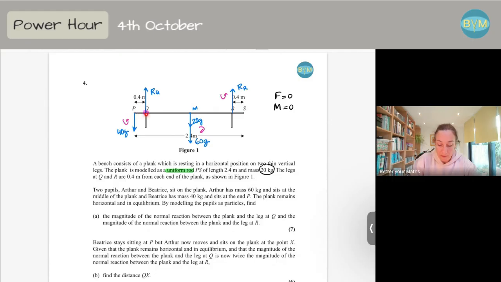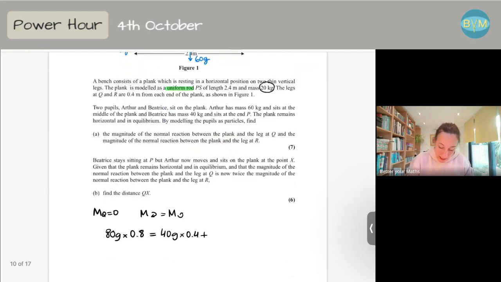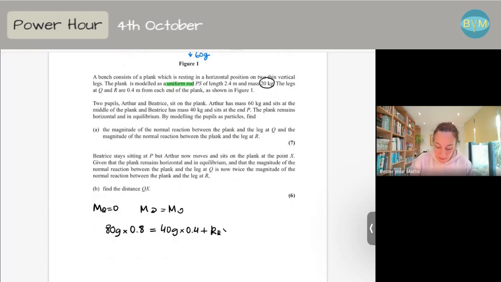If this is 0.4, this is 2 minus 0.4. Is 2 minus 0.4? Yeah, it's 1.6. This distance is 1.6. So RR times 1.6. And from here, we are going to find RR.